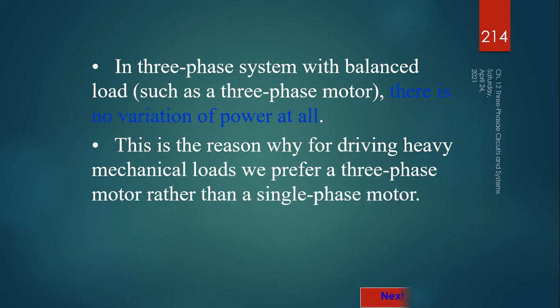Okay, this is a very important point. In any three-phase circuits with balanced load such as a three-phase motor, there is no variation of power at all. This is the reason why for driving heavy mechanical loads we generally prefer a three-phase motor rather than a single-phase motor. That means the power is uniform. There is no variation of power, right?